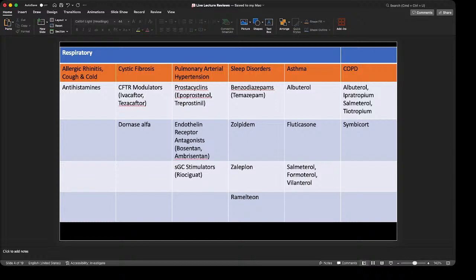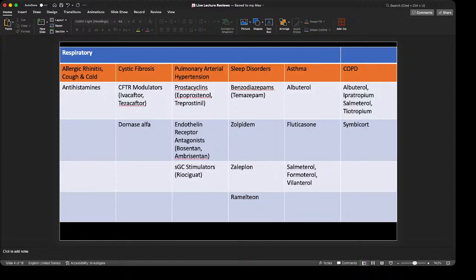Just understand those different mechanisms there. Then ipratropium as well, tiotropium, those anticholinergic mechanisms added to the albuterol so that the patient's COPD doesn't get worse.